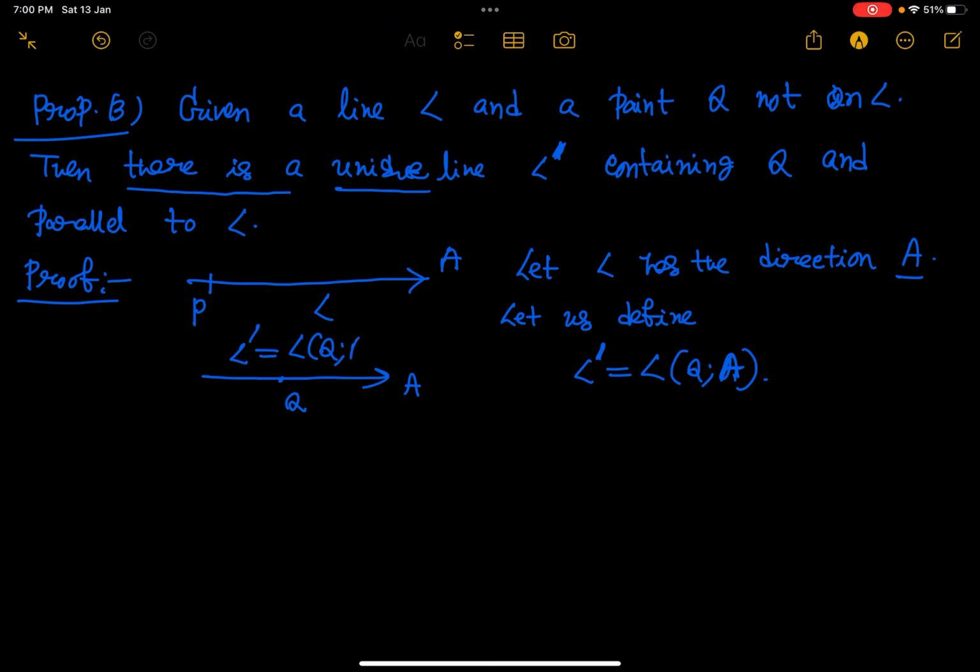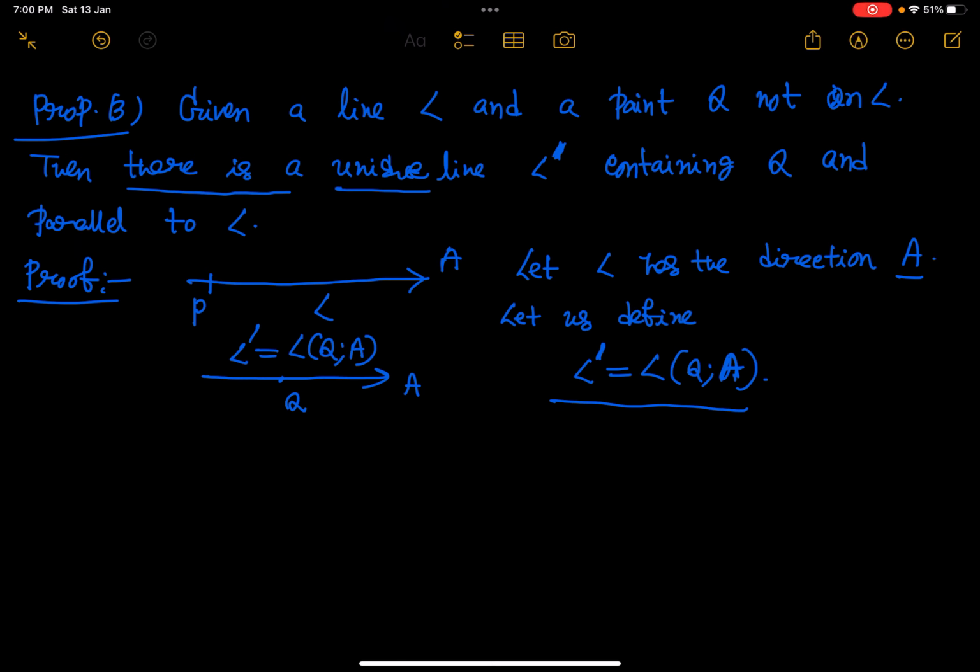It is L of Q comma A. Let's forget about P because we are not really bothered about P. We only want a line which passes through the point capital Q along the direction of the given line L, that means along the direction of the vector capital A. This is line L dash. Now we want to prove that this is unique.